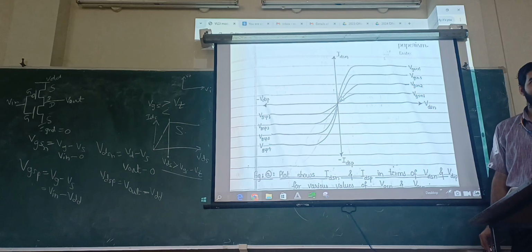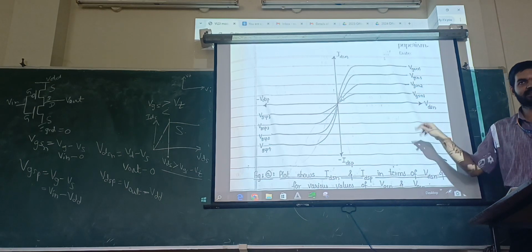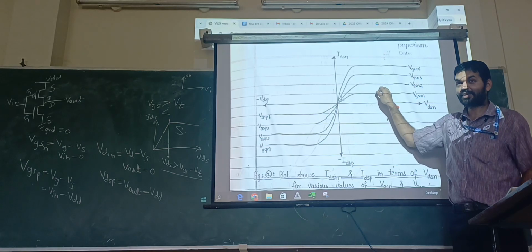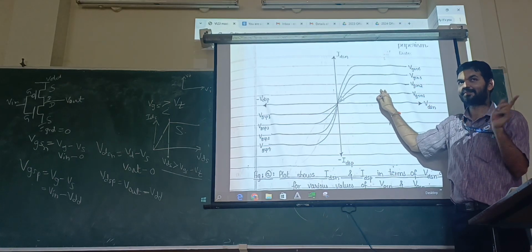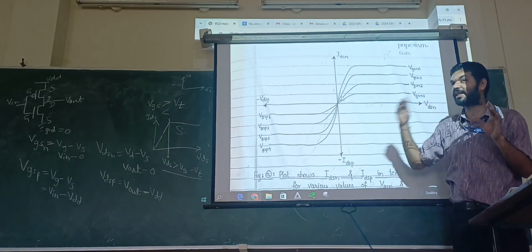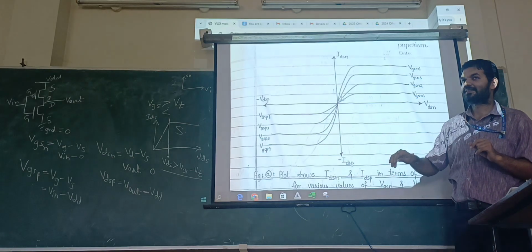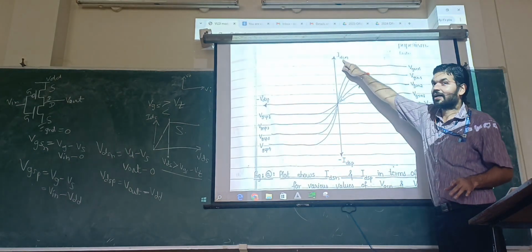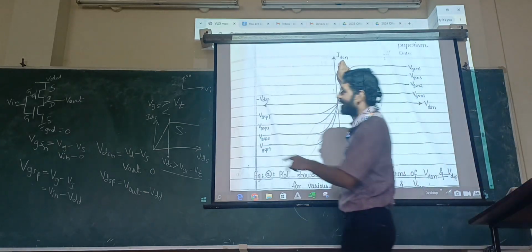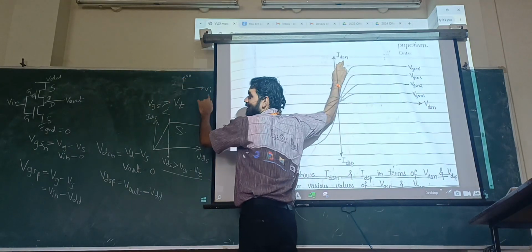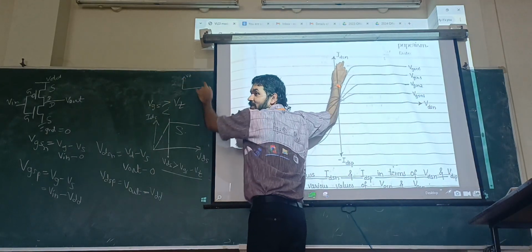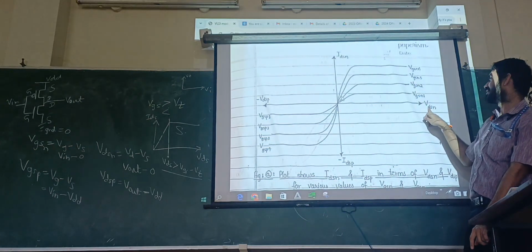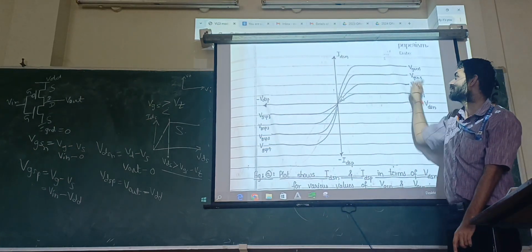What is this? This is not transfer characteristics. Transfer characteristics we have to write. The heading is transfer characteristics, but what did I just tell you? Transfer characteristics means V0 versus VI. This is I versus V, for the n MOSFET.